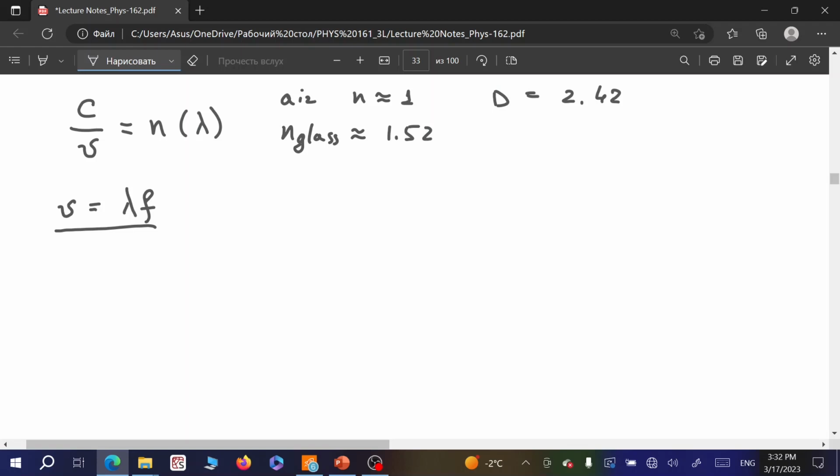Maybe because in the solid body, the distance between the atoms in the crystalline structure is denser, yes. Well, the distance between atoms in glass or any other matter is orders of magnitude smaller than the wavelength, and that doesn't make a big impact.